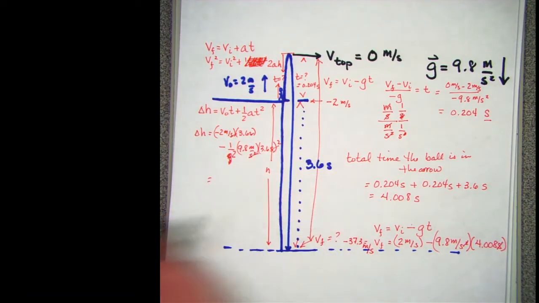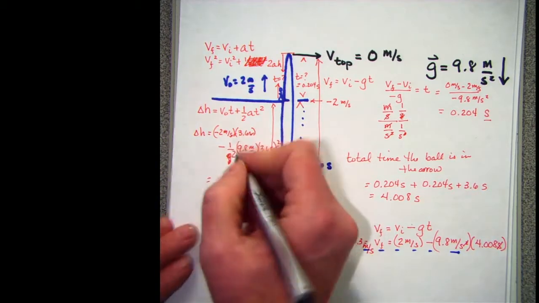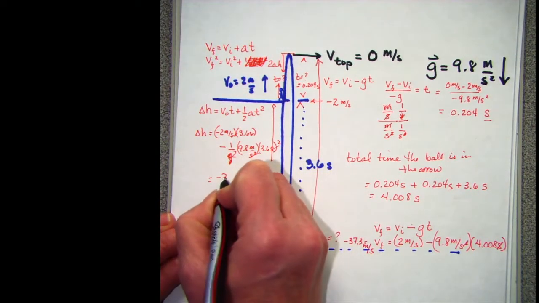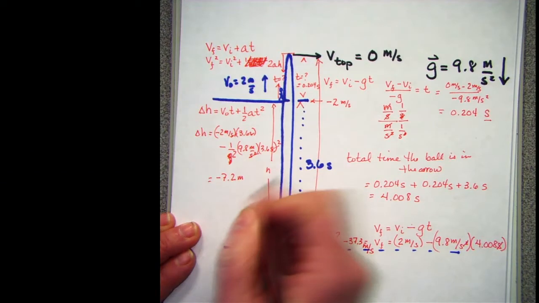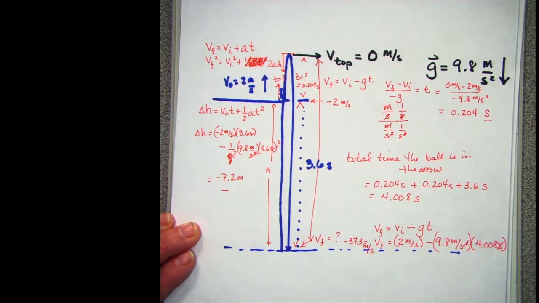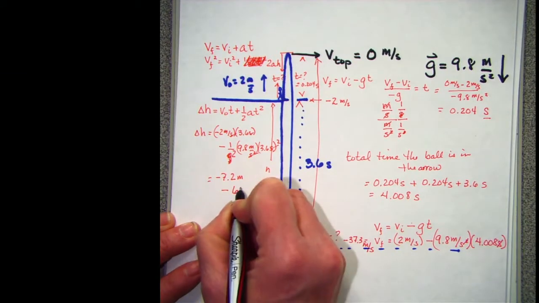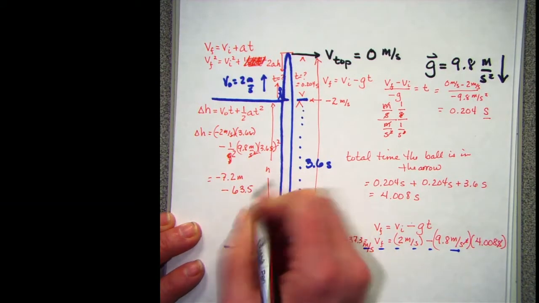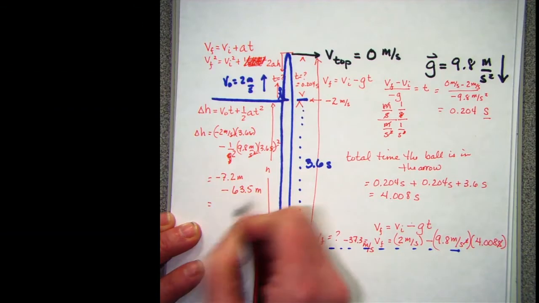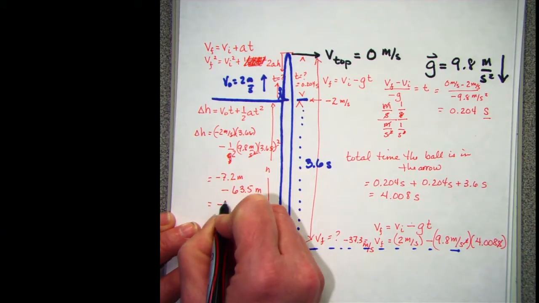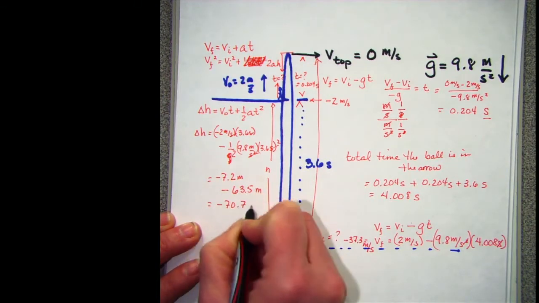I can actually add these together. So this gives me a negative 7.2 meters minus, and if I plug things into the calculator right, I get a negative 63.5 meters. So I actually am going to go down a negative 70.7 meters.